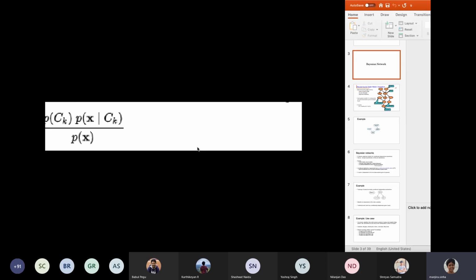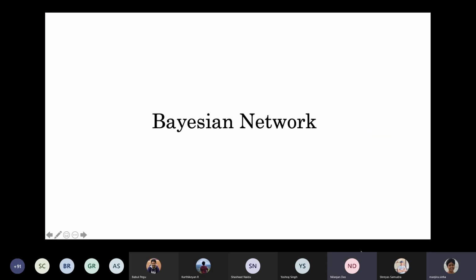Okay, so let us move into the Bayesian network. Actually, in the last few classes we covered unsupervised learning, where we didn't know the class labels of the data instances, and we tried to group the data instances into different classes based on their similarity or their distance.